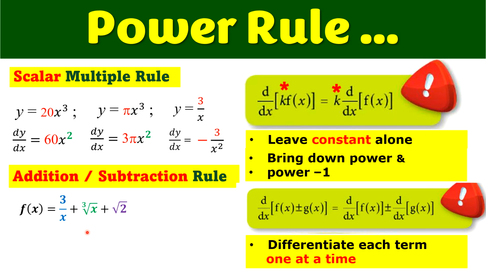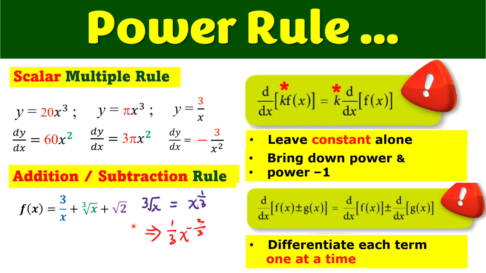Now let's take a look at the middle term. The middle term is cube root of x. I rewrite this in index form, so I have x to the power of 1/3. If I apply power rule, the derivative of this term will give me 1/3 x to the power of negative 2/3. Now how about the last one?